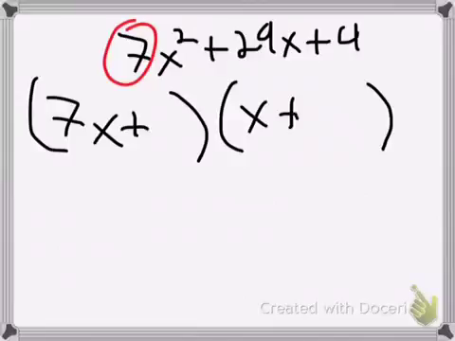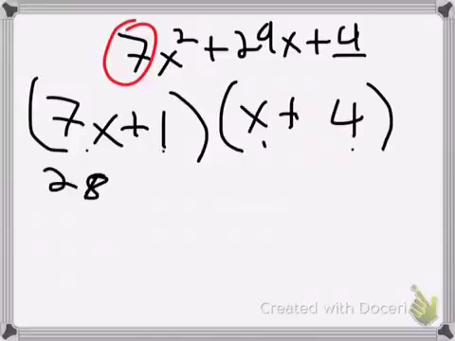Now we have to find two numbers that multiplied are 4, and if we multiply this 7 times the number and then we add it, it is 29x. So we can try with 4 and 1, so that when we multiply this, it is 28x and x. So it is 29x.